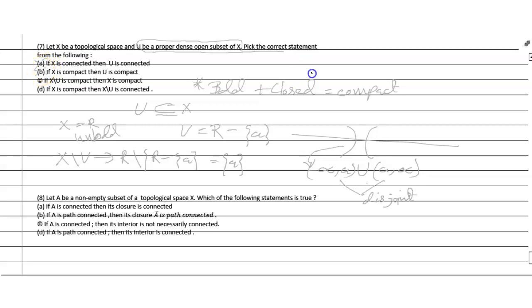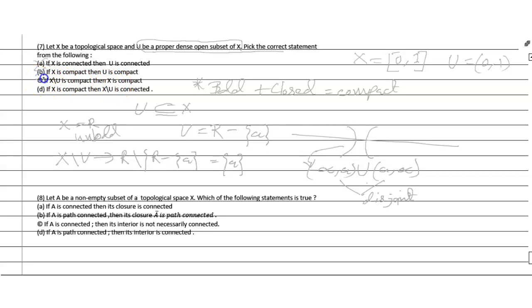This is not possible, because X equals 0 comma 1, this is compact, bounded and closed, but U equal to 0 comma 1 is not bounded. So if X is compact, then U is compact, this is not possible. And if X minus U is compact, then X is compact?